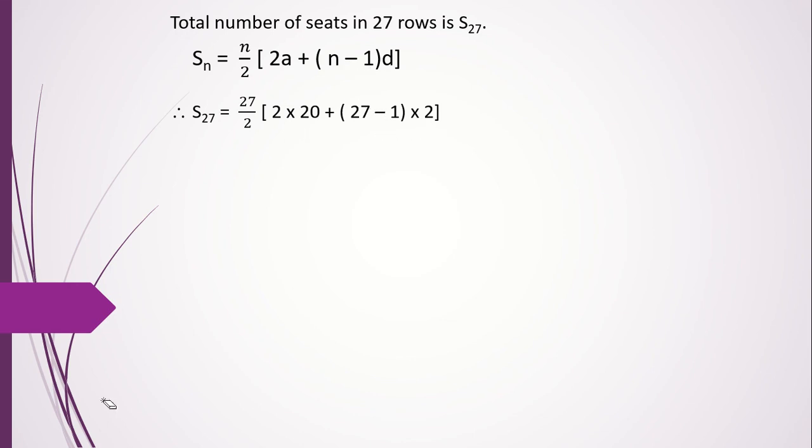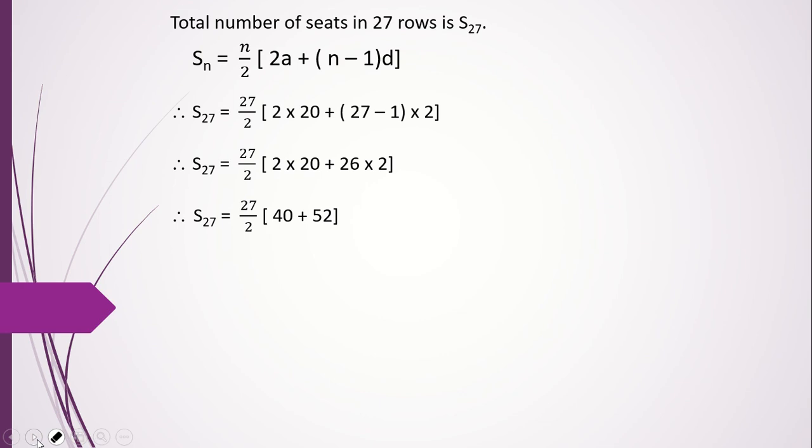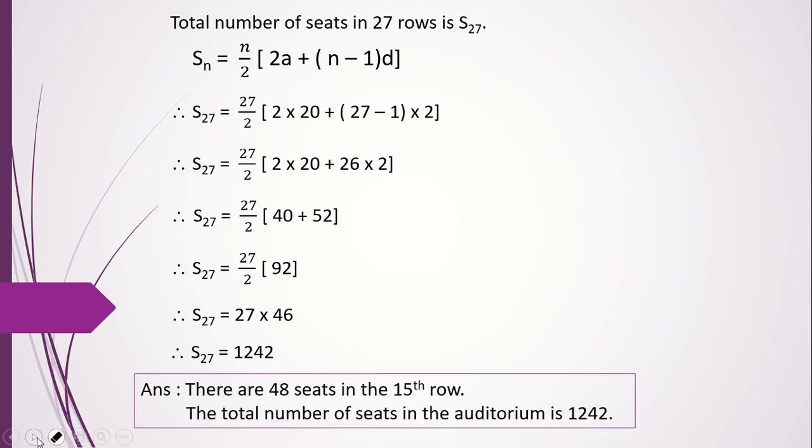That's 26 into 2. That's 40. And this is 52. Okay. So we divide, 2 ones are 2, and this is 46. So 27 into 46. So S27 is 1242. So there are 48 seats in the 15th row, and the total number of seats in the auditorium is 1242.